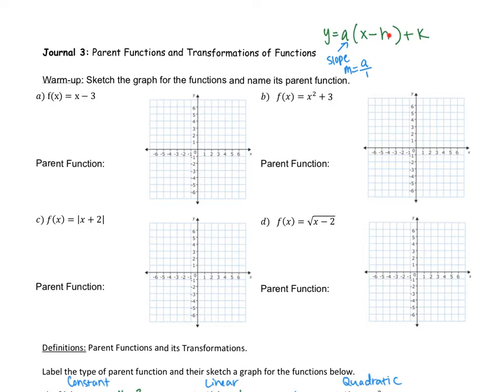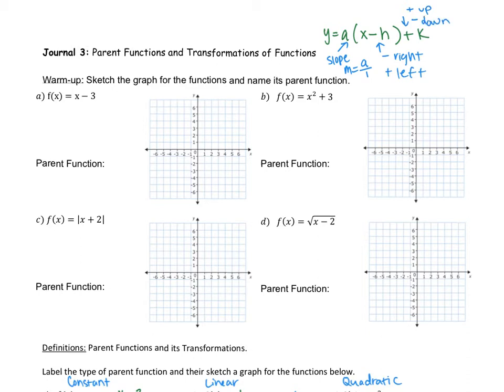And then for the shift on the inside, if you have a minus h on the inside, minus always means right shift, and positive always means left shift. So inside of parentheses, or inside of an absolute value or square root, anytime it's a minus sign, it's shifting right. Anytime it's a positive sign, it's shifting left. This outside piece, if you have a plus sign, it's moving up, and minus sign moving down. So those are the basic shifts.